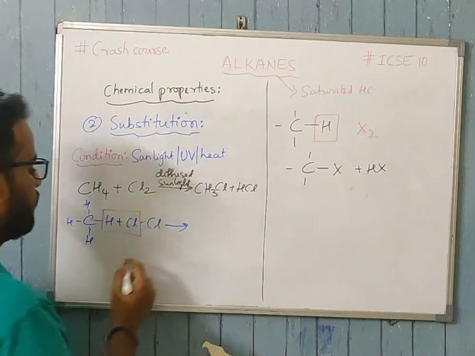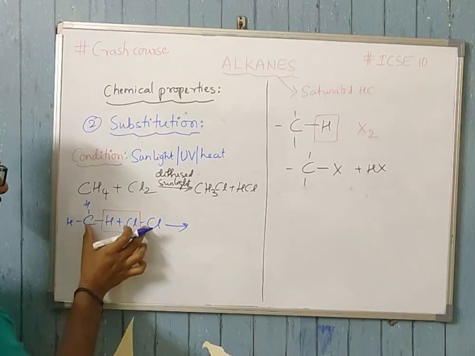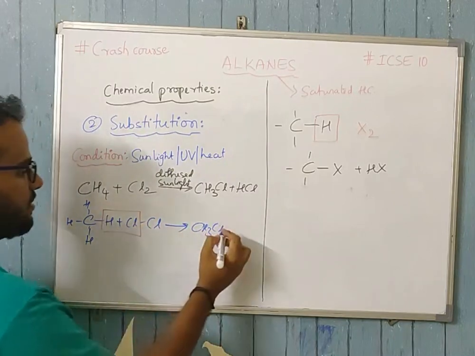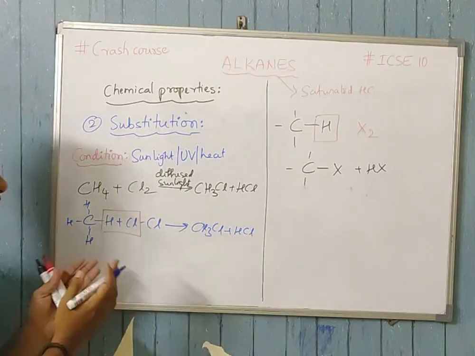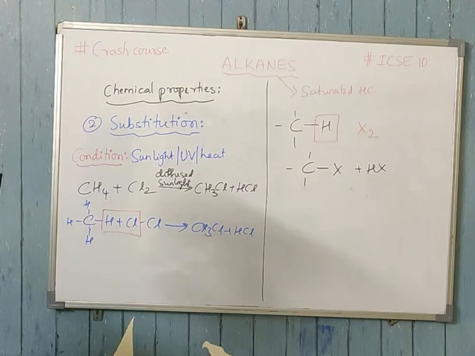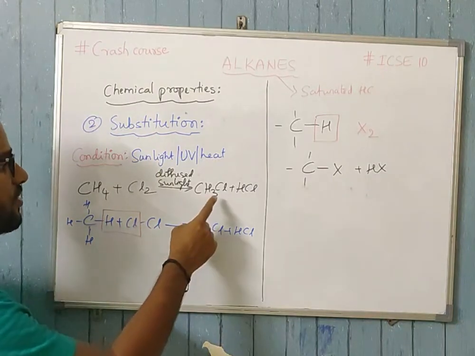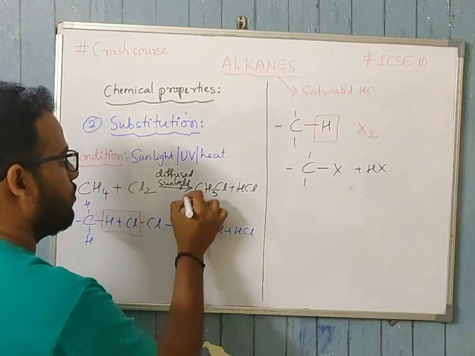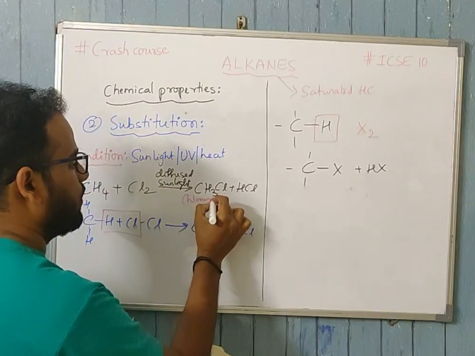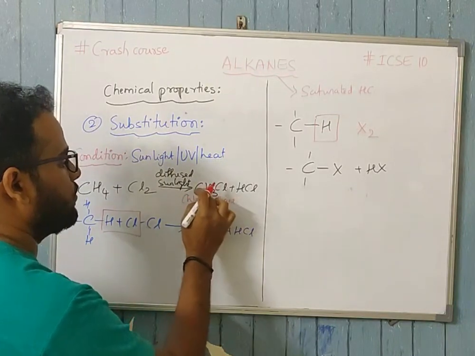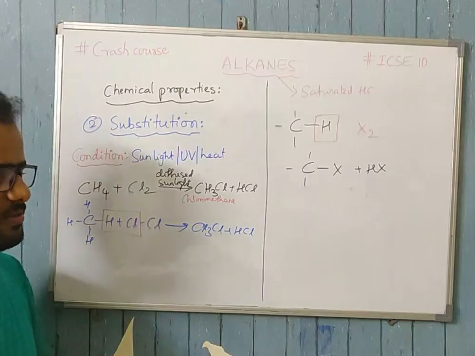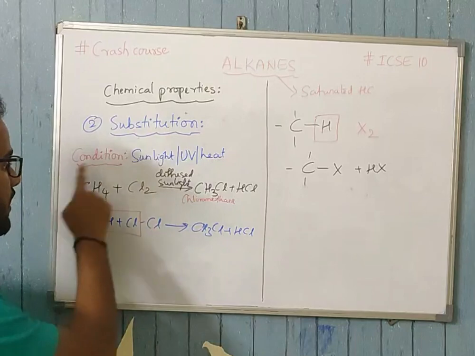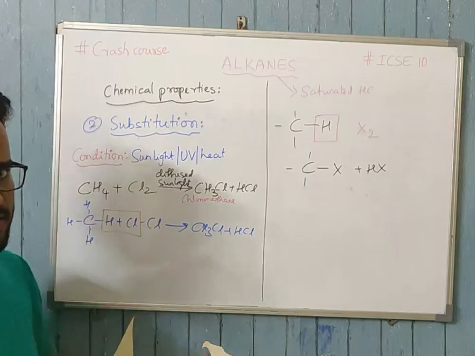Under this condition you get CH3Cl plus HCl. This is how it works. But CH3Cl, which is chloromethane, has another 3 hydrogens which can also be replaced. So this reaction will not stop at this stage. It will continue until all the hydrogens of methane are replaced.